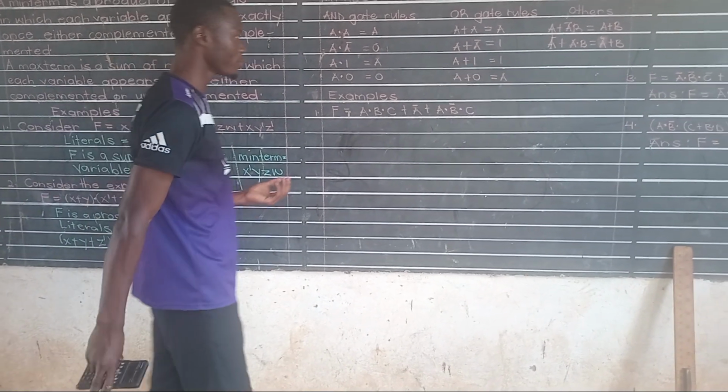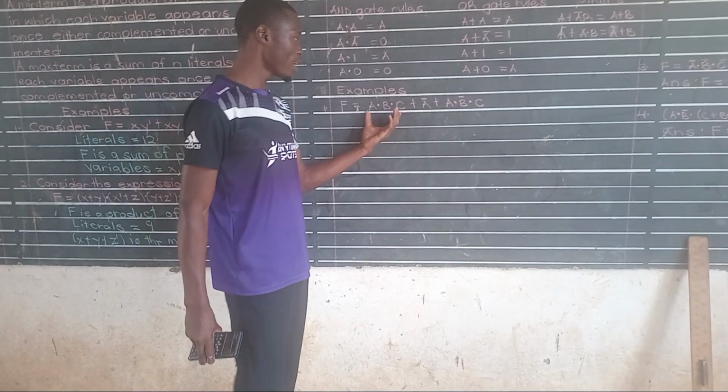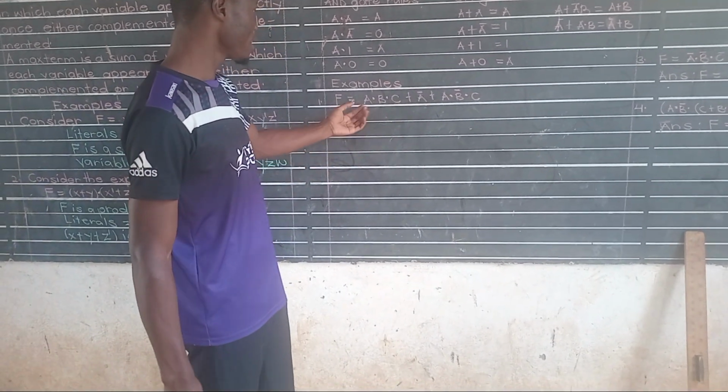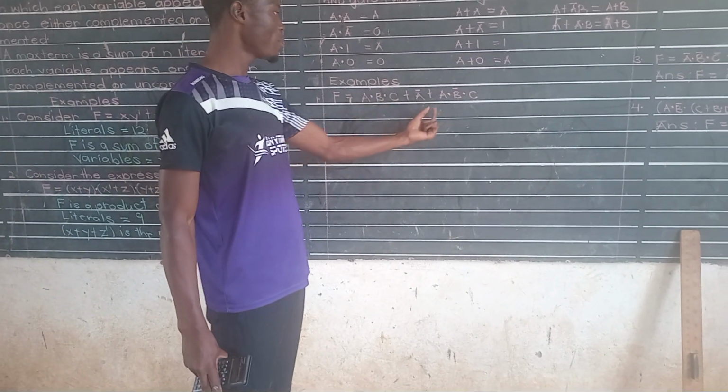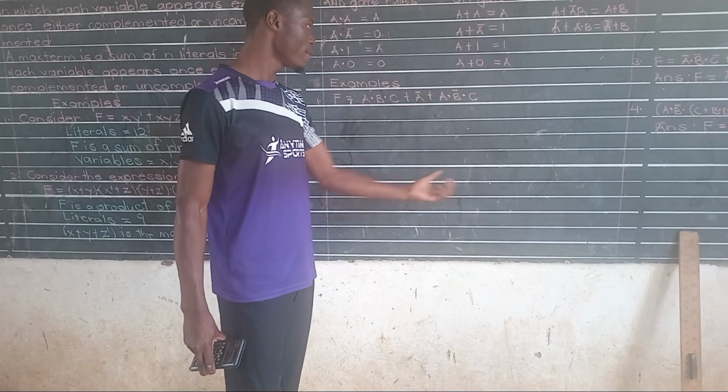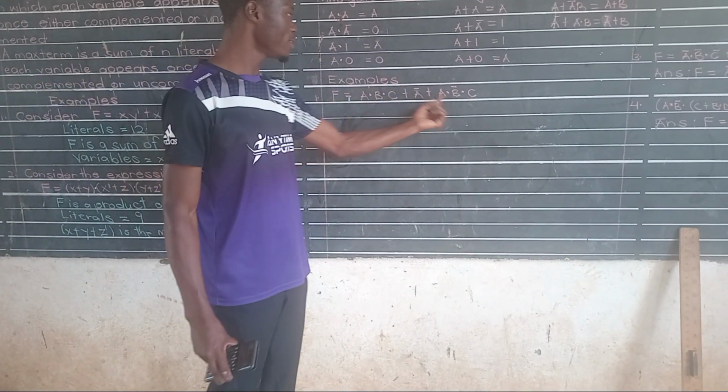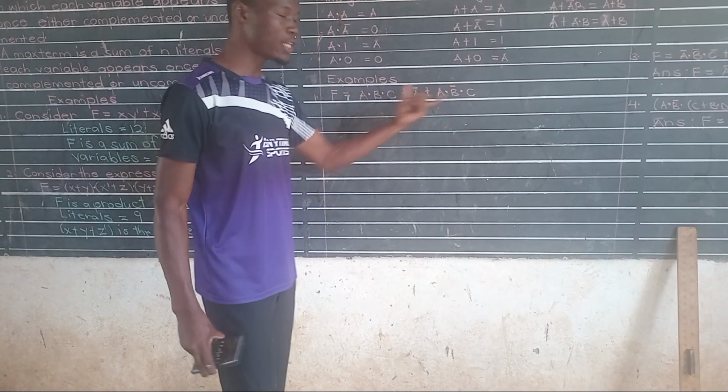Step number 1, I will have to factor out the commons. For example, here I'm having A B C. Here I'm having A not B C. Implying that A C are common to these terms.